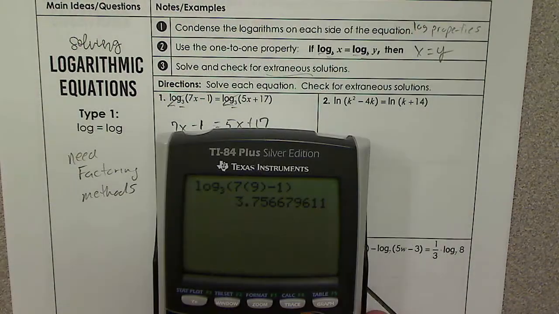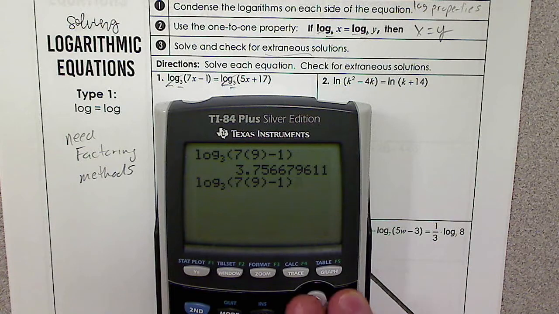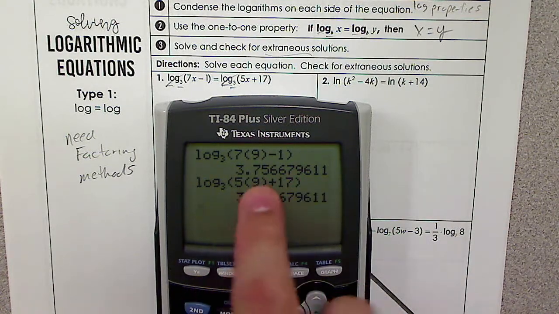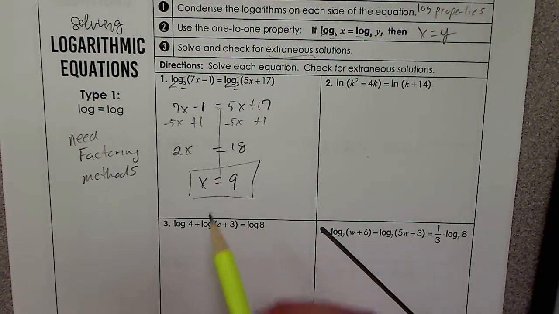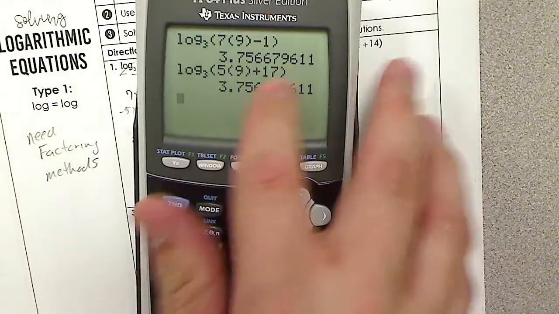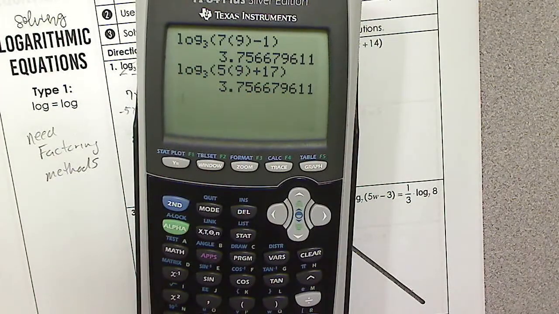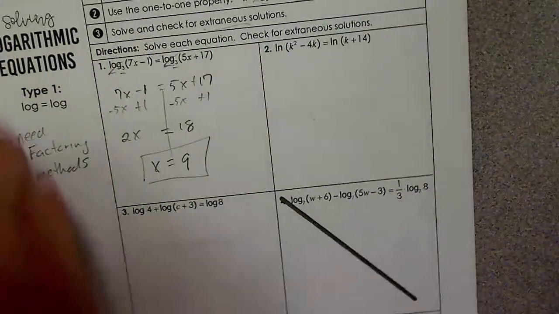And then if I do the second one on this side, log base 3 of 5 times 9 plus 17, I get that answer. Since they match up, this is the good answer. It's not considered extraneous. If the answers I got here were not the same, or it gave you an error, like you can't do it, then that answer is considered extraneous automatically.